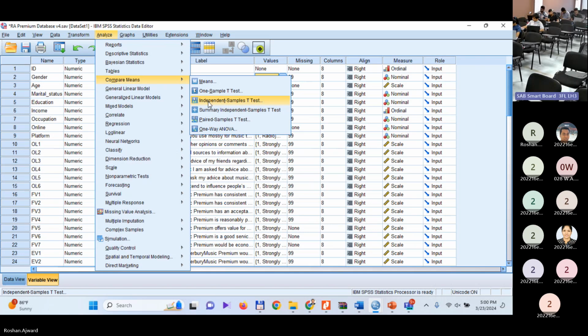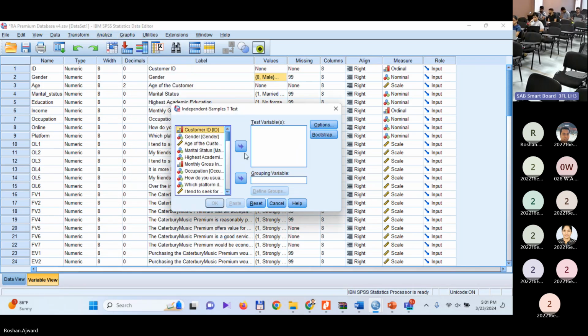Analyze, Compare Means, because you are comparing the mean of what? Females' purchase intention with males' purchase intention. That's why it's Compare Means. Then go to Independent Samples t-test. Why independent samples t-test? Because these are two independent groups, males and females, and there's no common membership. And then the test variable is purchase intention.